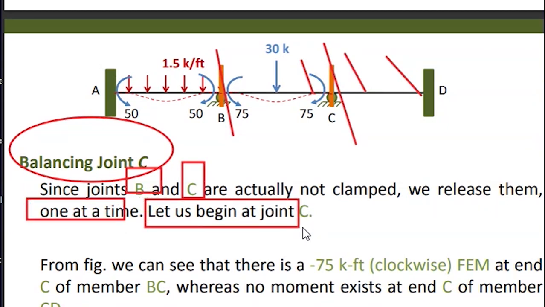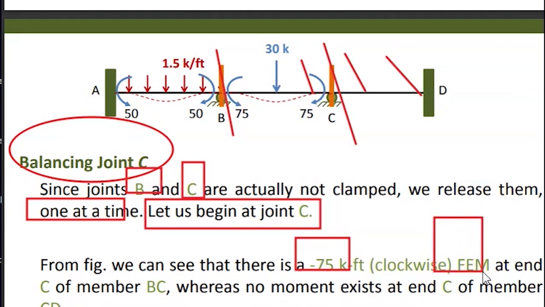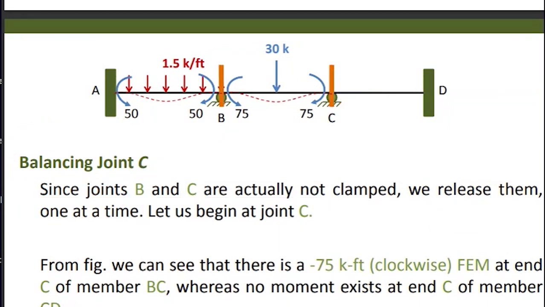Let's start with joint C. If we look at joint C, there is a negative value on the left, which is clockwise. The fixed end moment is negative. In order to balance at the other, right side of joint C, we must have another counter moment, since there is no moment there, so we must balance with the opposite value. So how can we balance?